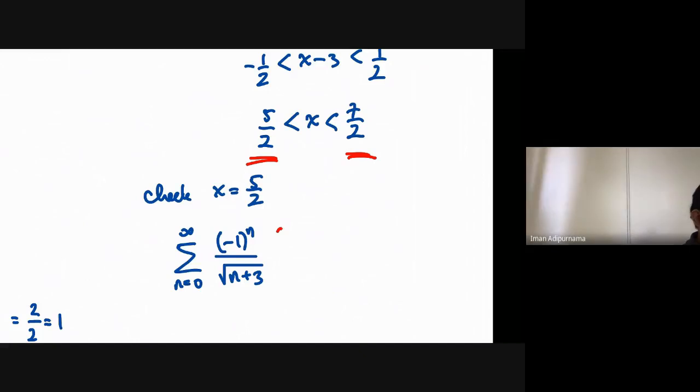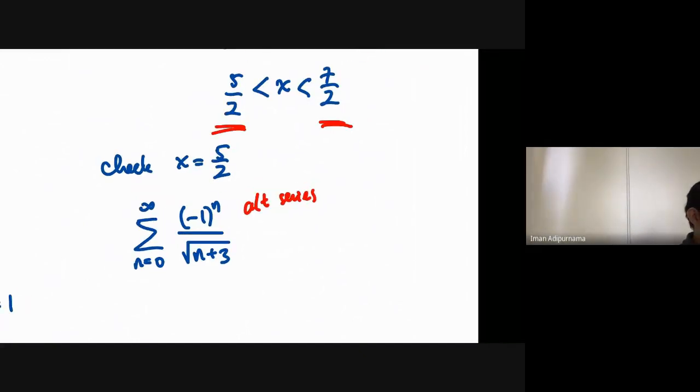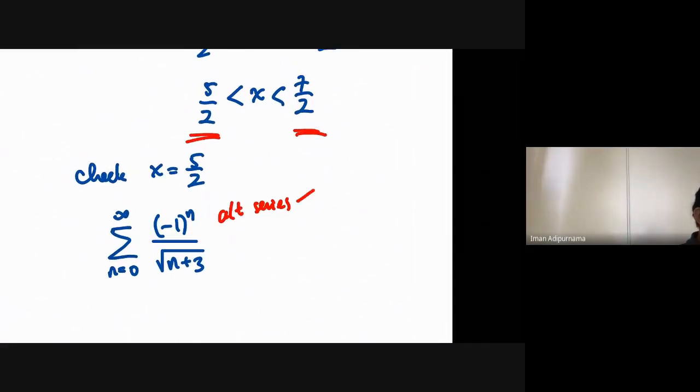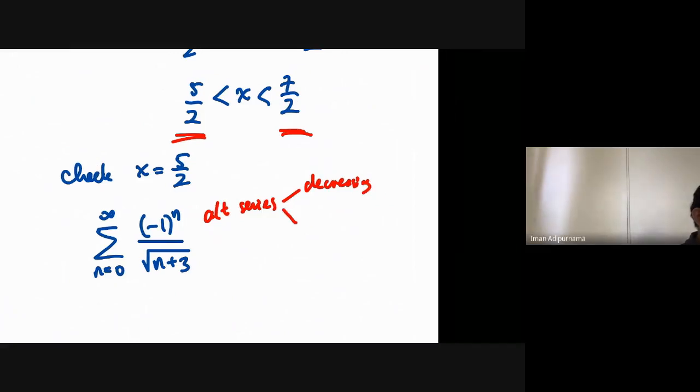This is an alternating series. And if you check, it's decreasing and its limit is equal to 0. So it will be converged by the alternating series test, right?